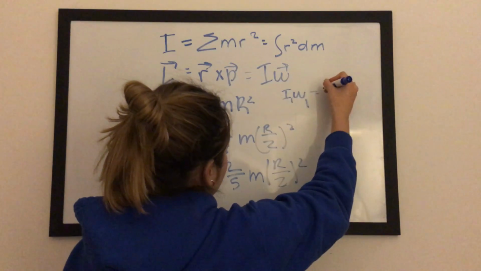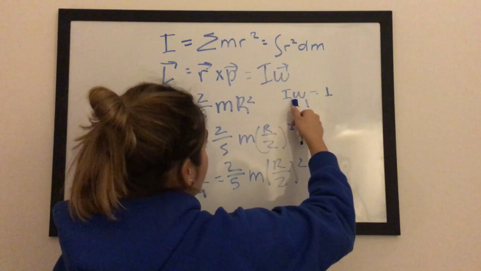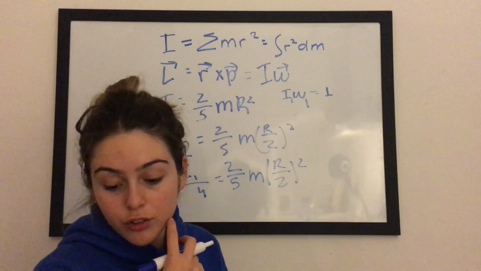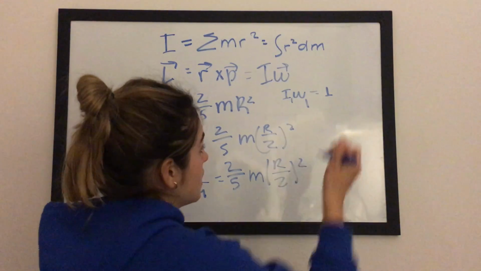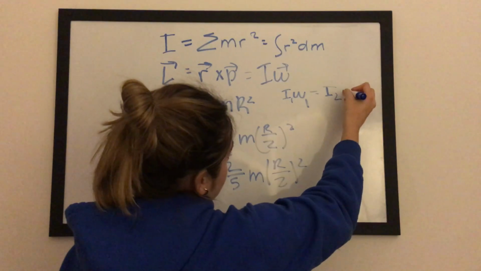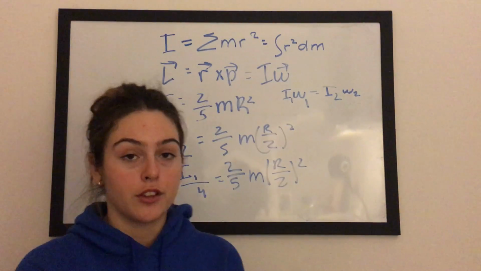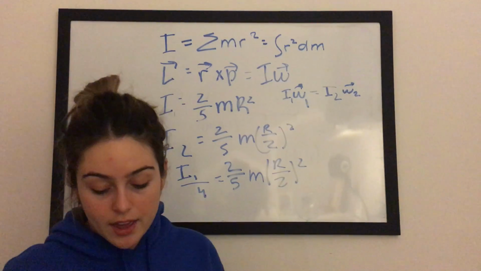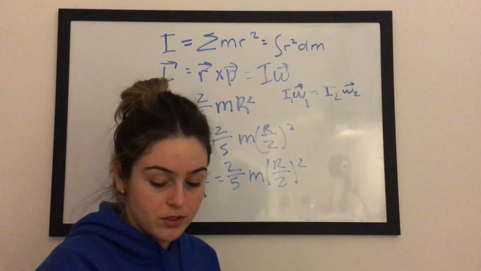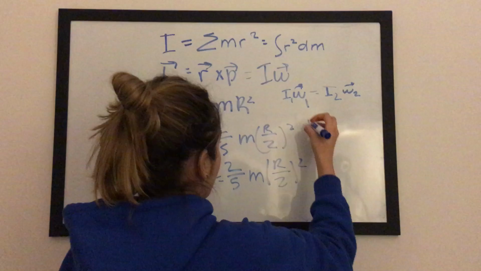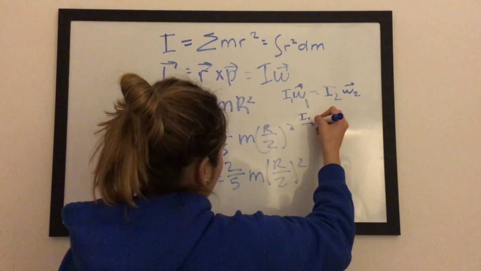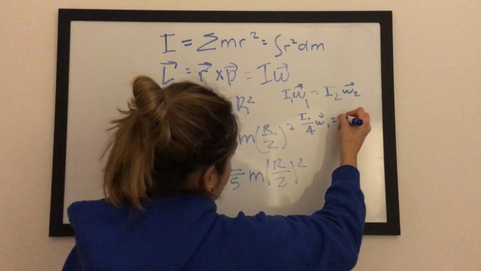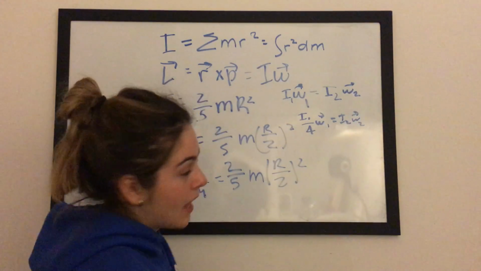So I1 W1, inertia 1 times angular velocity 1, is going to be equal to inertia 2 times angular velocity 2. Which is essentially the same values as we just got. So I1 over 4, W1 is equal to I2, W2, like that.